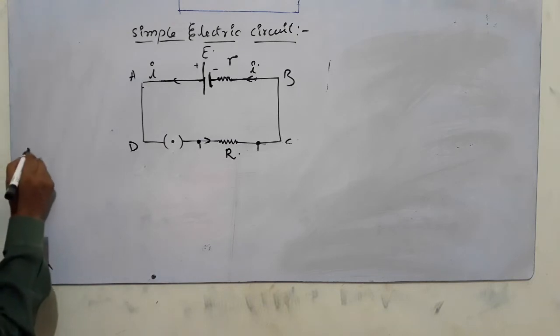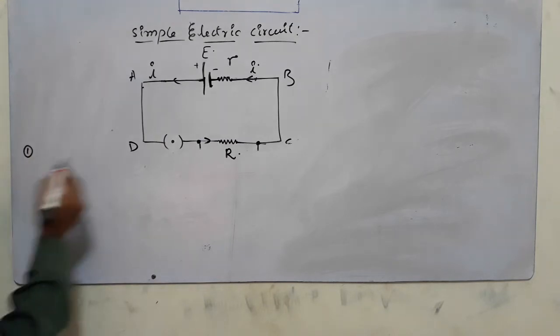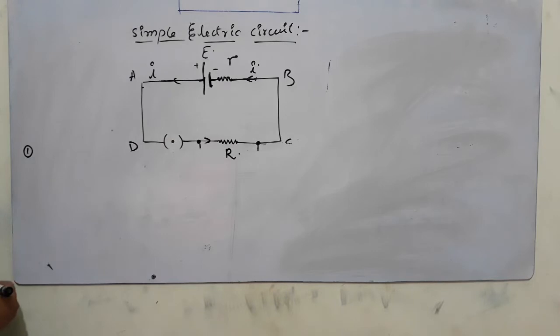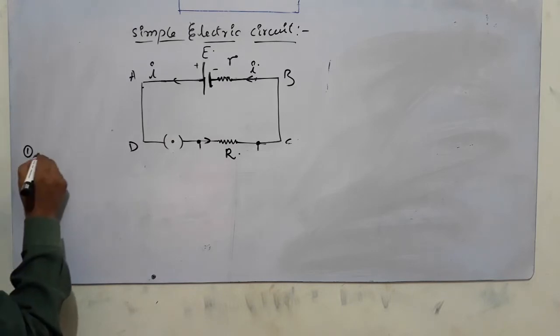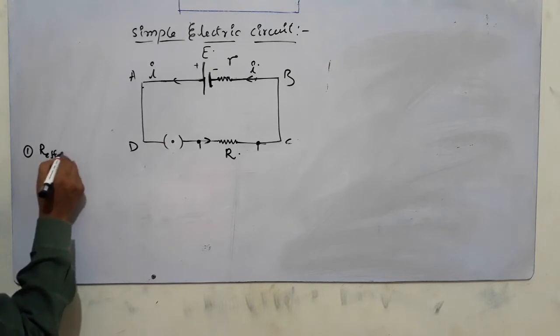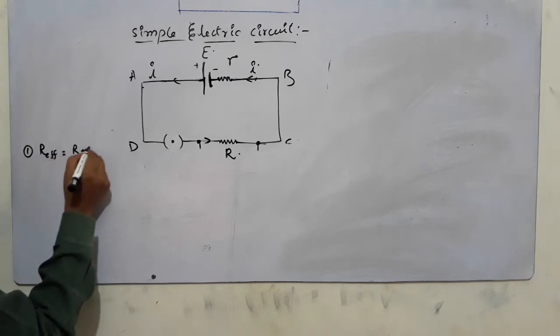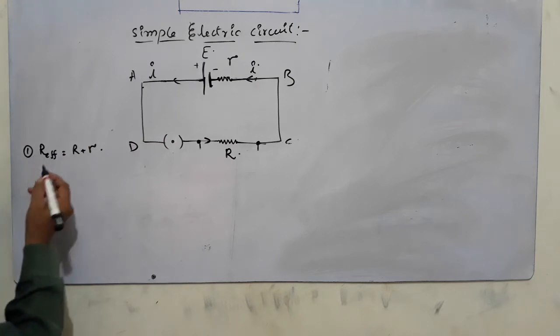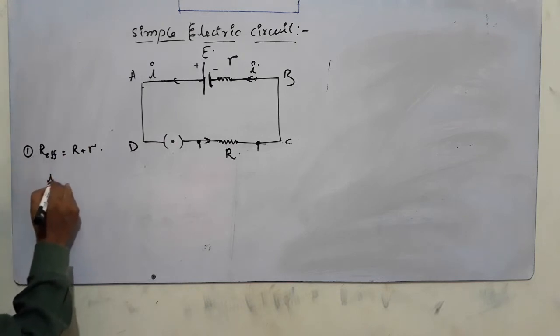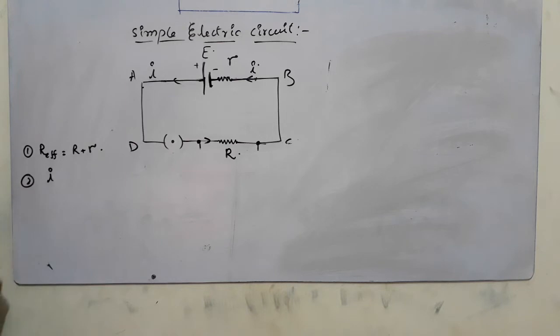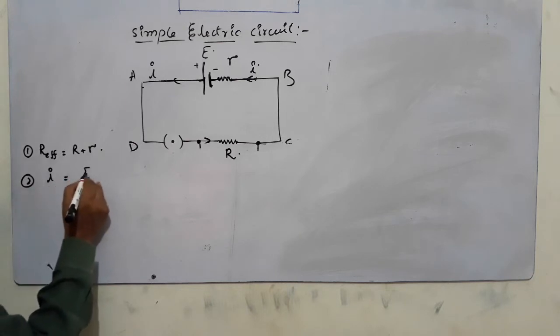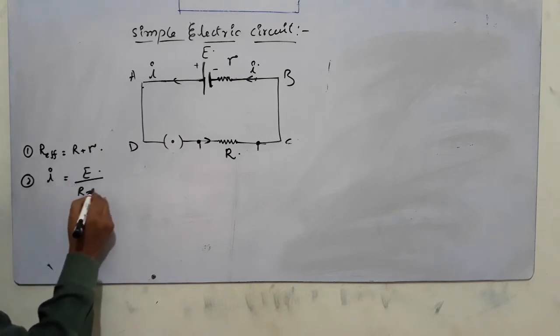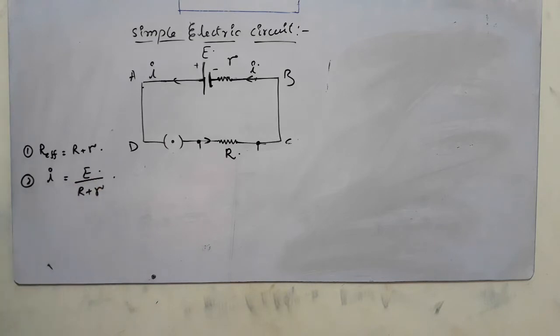First important formula: if the switch is closed, the effective resistance of the circuit is R plus r, and the current, second formula, the current in the circuit is E by R plus r.